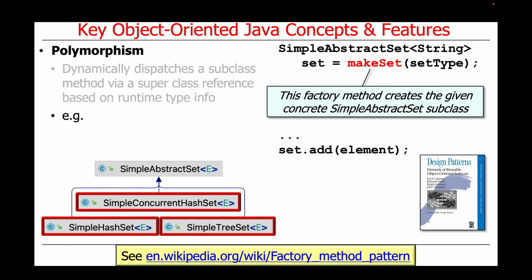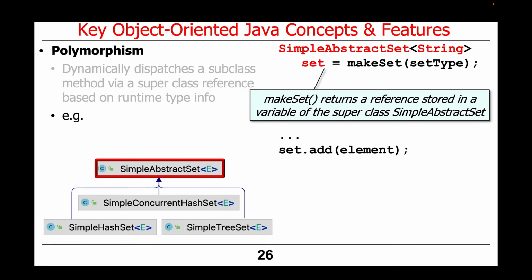And makeSet takes a string, then goes ahead and creates the appropriate concrete subclass of simple abstract set. makeSet returns a reference that's actually stored in a variable of type superclass simple abstract set. So we're getting back a reference to one of these concrete subclasses, but we're treating it as though it's a reference to the simple abstract set.